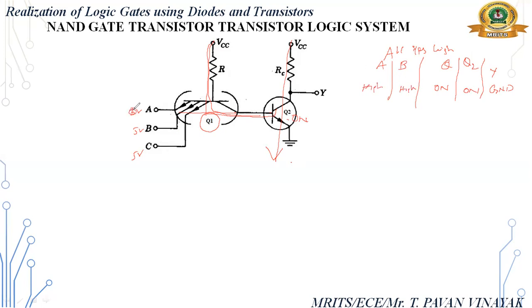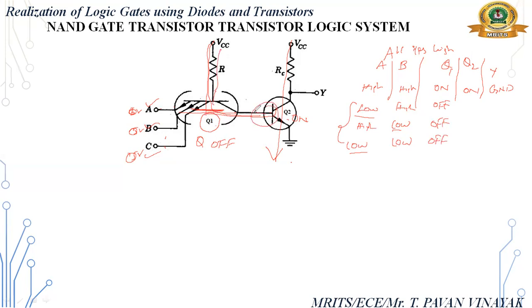Next, when any one input is 0, low: high high, low high, low low. When any one input is low, Q1 will be off. Q1 off means there is an open junction, so VCC will stop here.